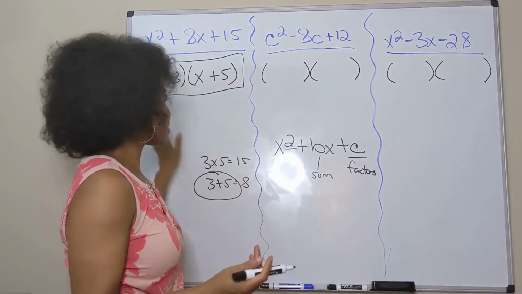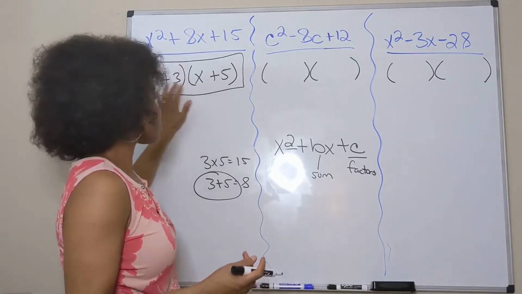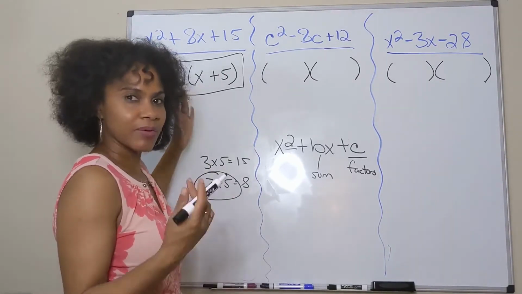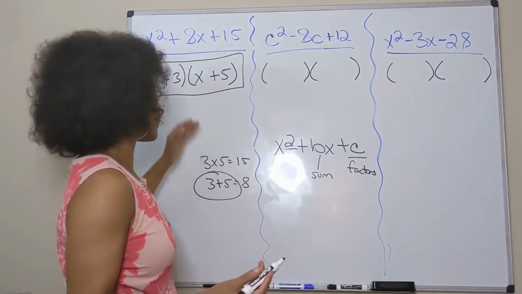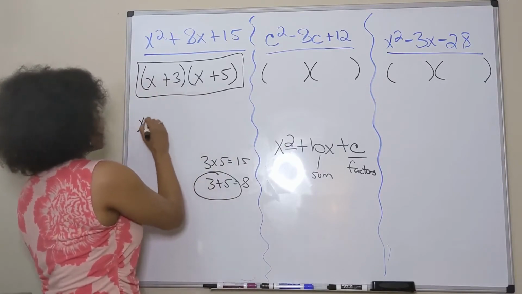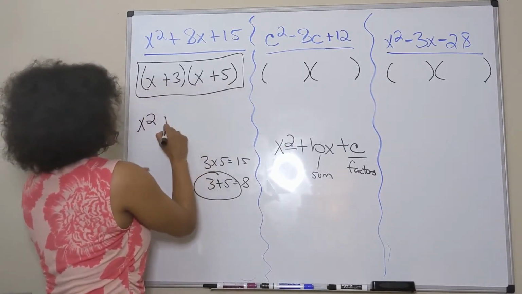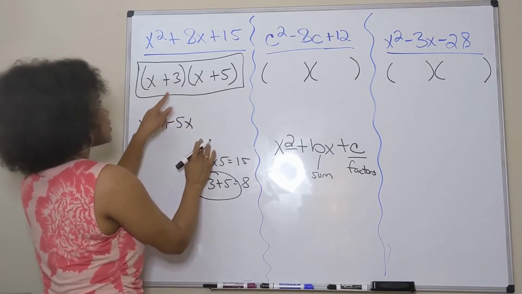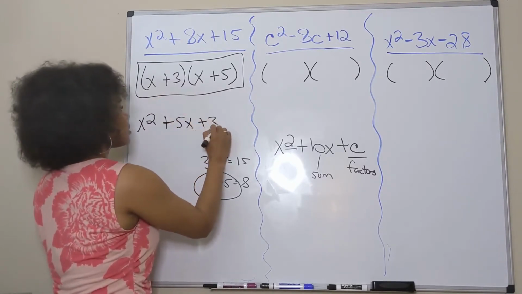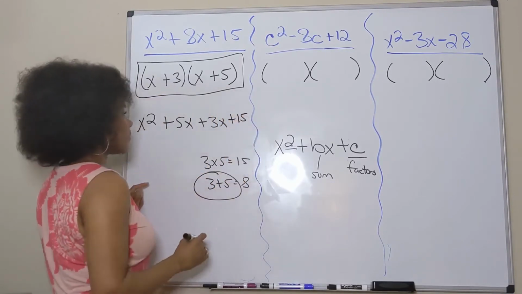But let's check it just to make sure. And of course we could check it by multiplying back through, since this is a product. And we're going to use the distributive property just to check it. All right. So if I multiply x times x, I get x squared. If I multiply x times 5, I get 5x. 3 times x, 3x. 3 times 5 is 15.